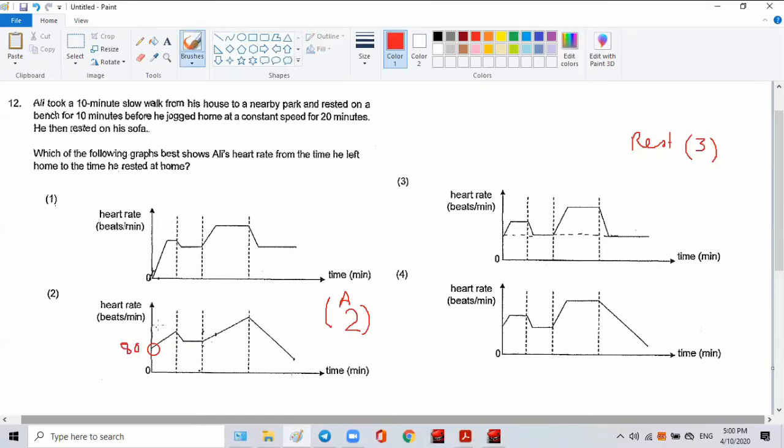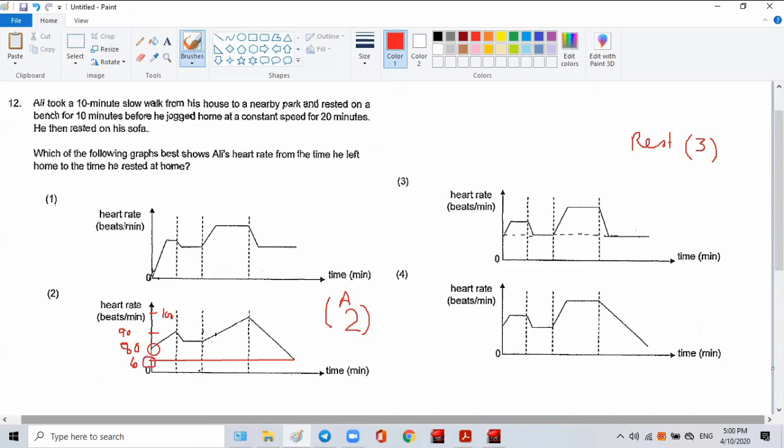When you slowly walk, it goes to 90. It goes to 100 when you jog. When you come home and rest on the sofa, finally after resting, you become 50, 60. Can or not?